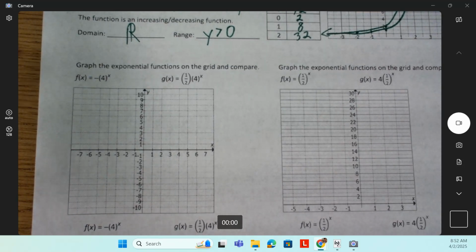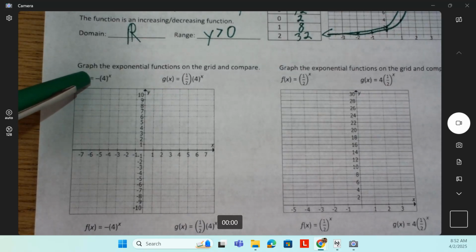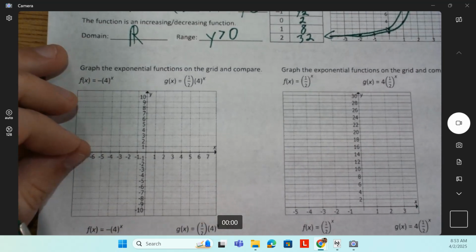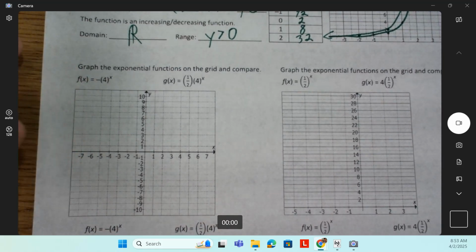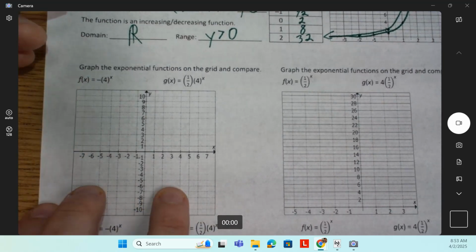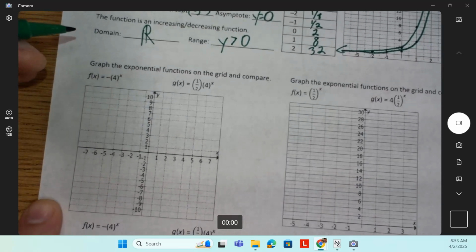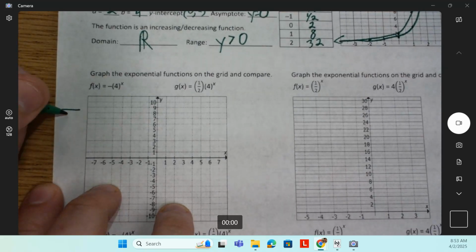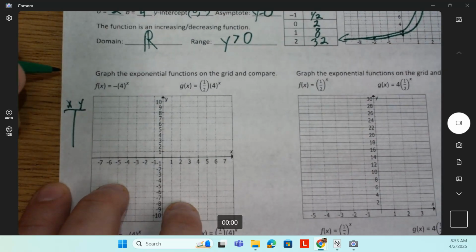I want us to graph -1 times 4 to the x power. Let's see, I'll make a little chart here.